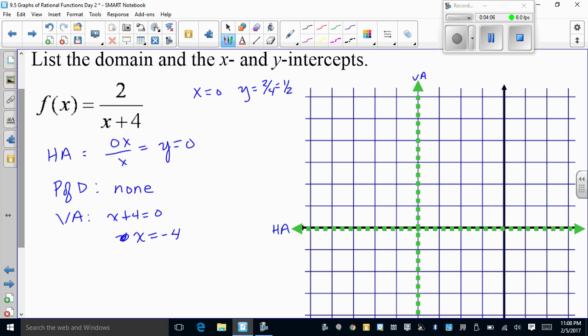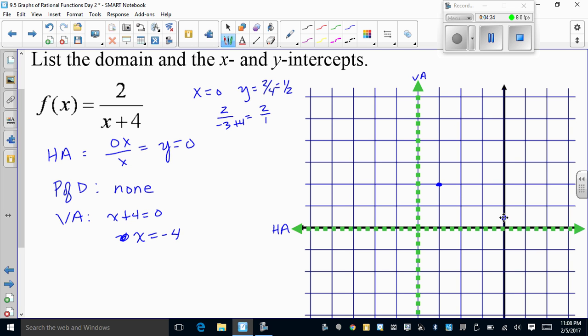So at 0, I'm at 1/2. If I go with negative 3, I'll get 2 over negative 3 plus 4, which is going to be 2 over 1. So I'm here. So we can see on this side of the graph what the graph is looking like.